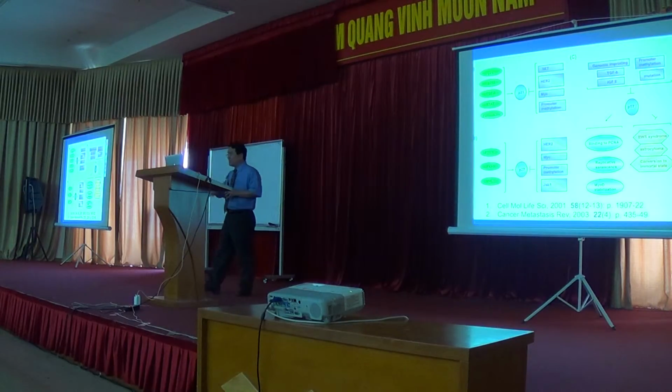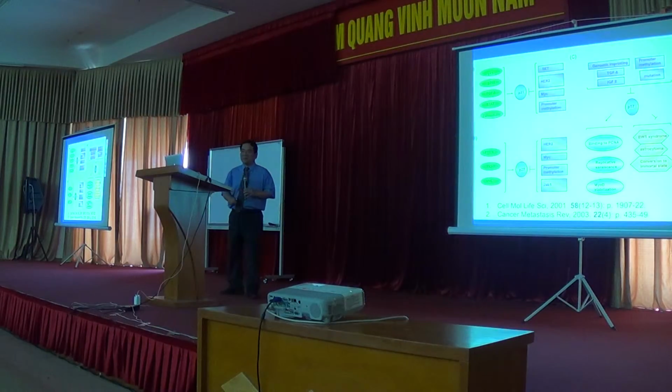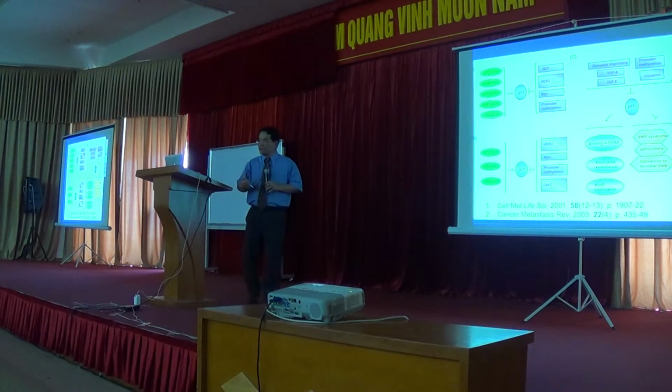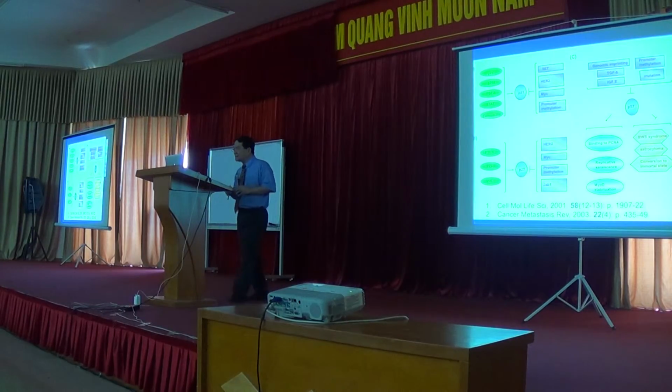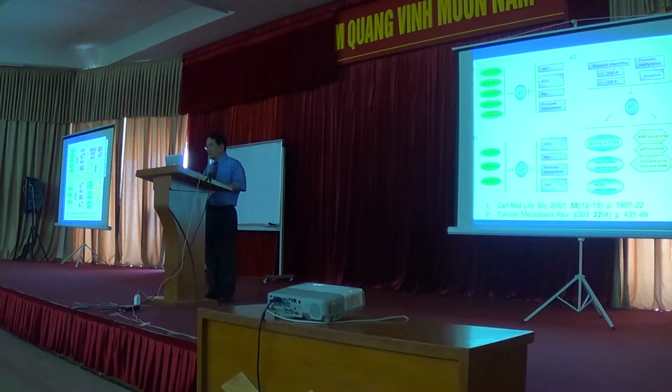The triple negative one is the disease difficult to deal with, because we cannot use hormonal therapy, and we cannot use a monoclonal antibody against HER2. So this becomes a challenge for today's therapeutic strategy for triple negative.